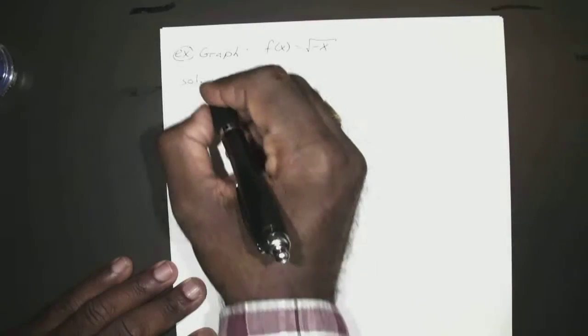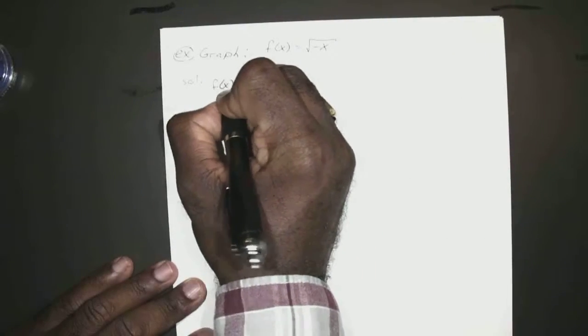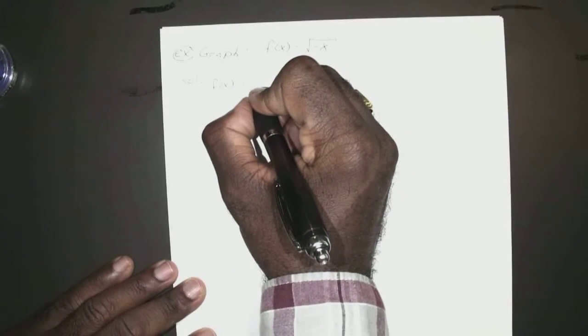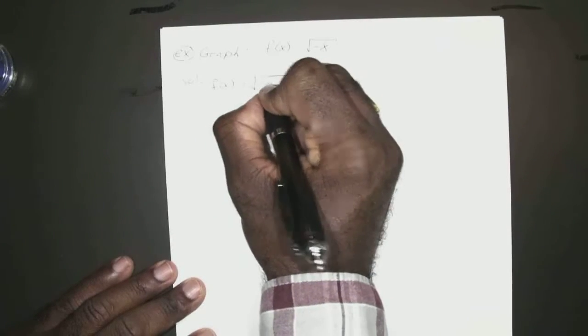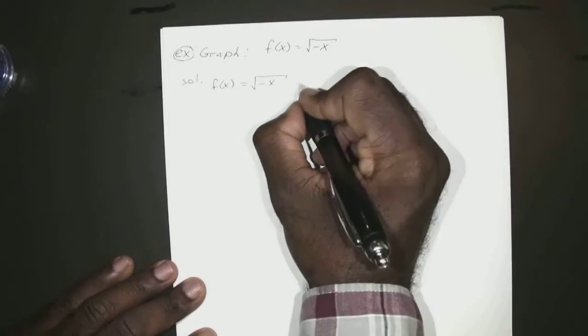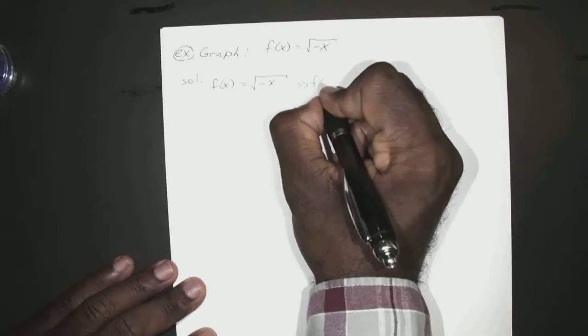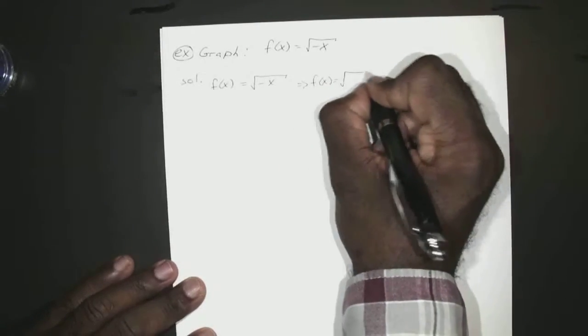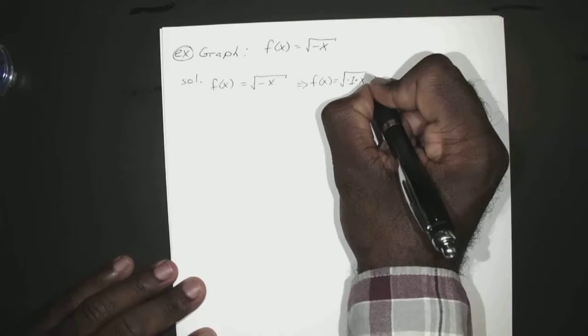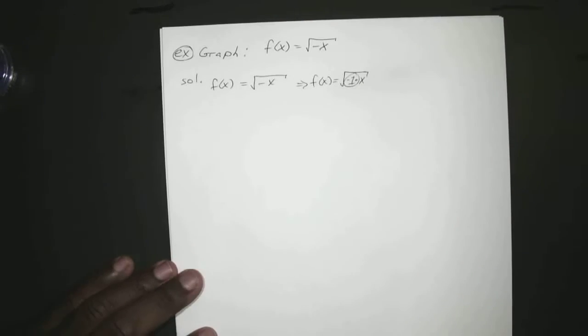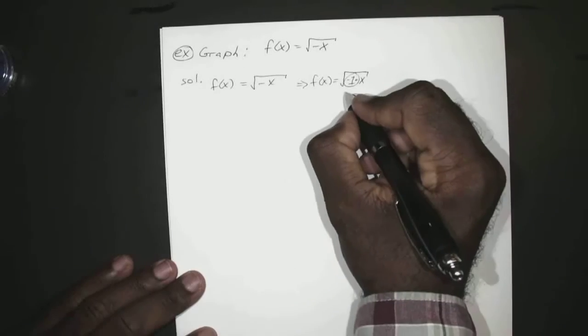Okay, so just like before, f of x equals square root of negative x is the same as saying f of x equals the square root of negative 1 times x, where you're going to get rid of any numbers that aren't exponents.